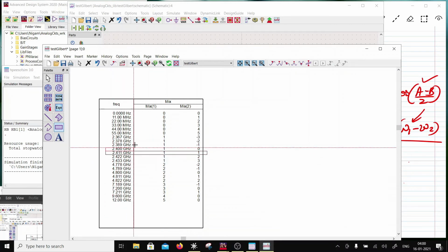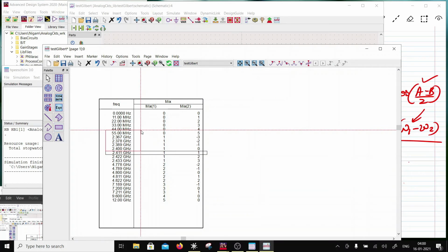If you mix 2.4 gigahertz with 11 megahertz, you are going to get 2.411 gigahertz. So this is the up conversion. This is index number 0, 1, 2, 3, 4, 5, 6, 7, 8, 9, 10, so this is going to be 10.